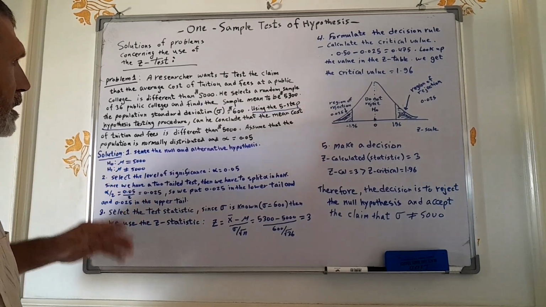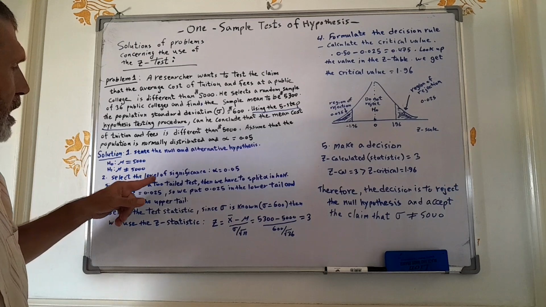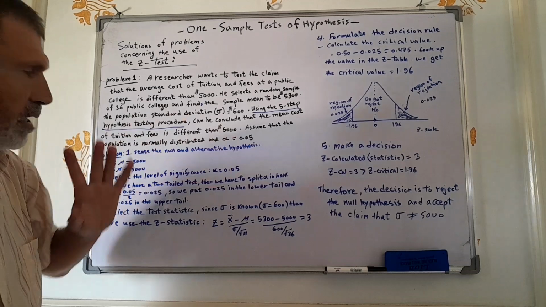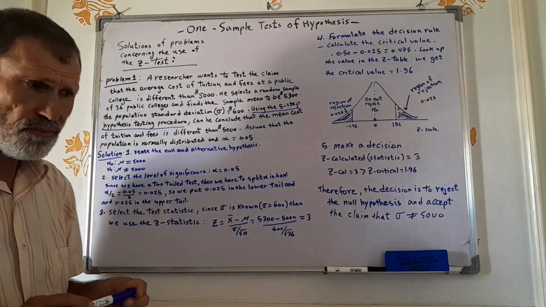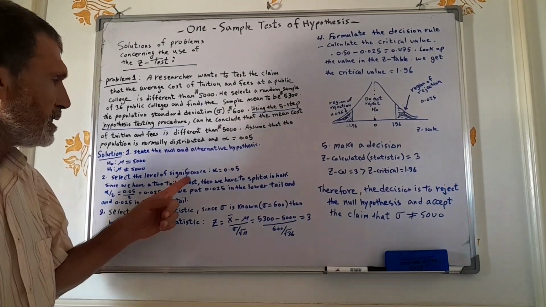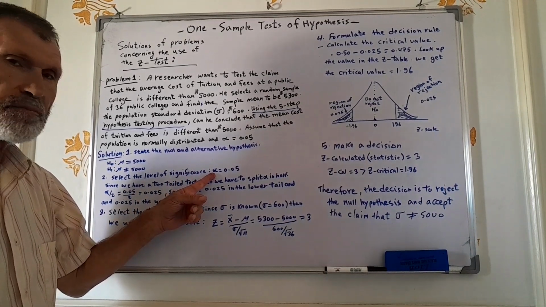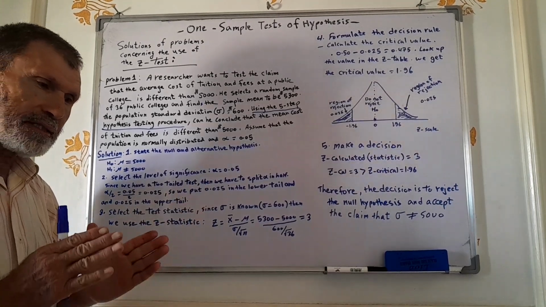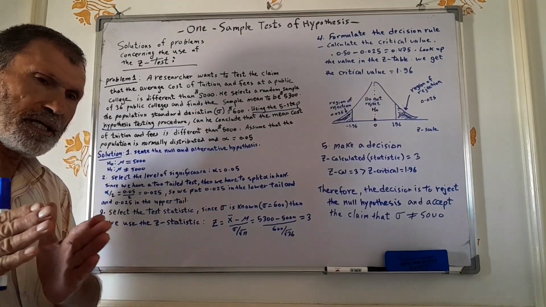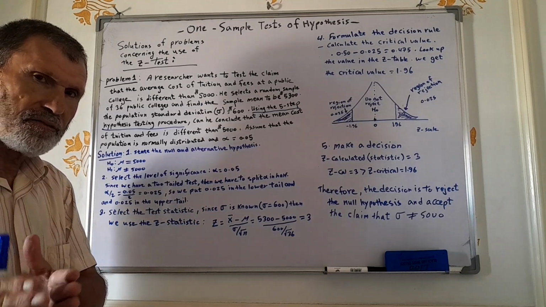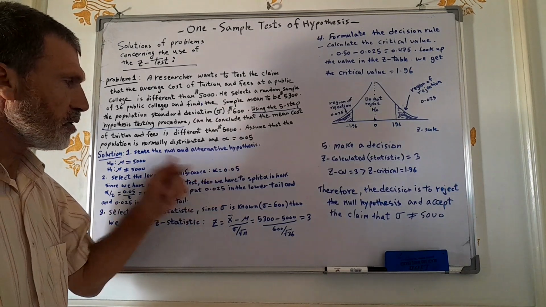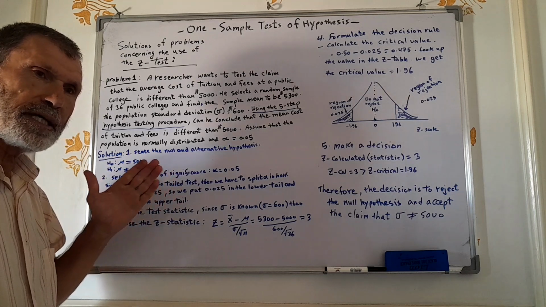Great. Now, step 2 is to select the level of significance. It's already set here, which is alpha equals 0.05. Remember, because we have a two-tail test, this alpha should be divided by 2. Half of this alpha will be in the lower half of the curve, and the other half will be in the upper half.